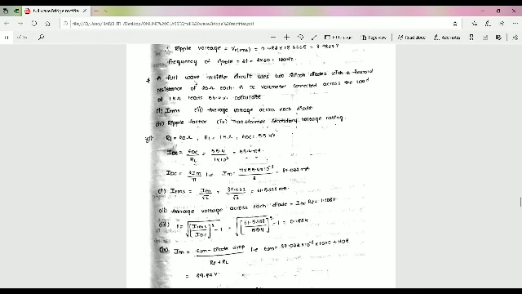Second problem: a full wave rectifier circuit uses 2 silicon diodes with forward resistances of 20 ohms each. The DC voltmeter connected across the load of 1 kilo ohm reads 55.4 volts. Calculate the IRMS, the average voltage across each diode, the ripple factor, and the transformer secondary voltage rating.